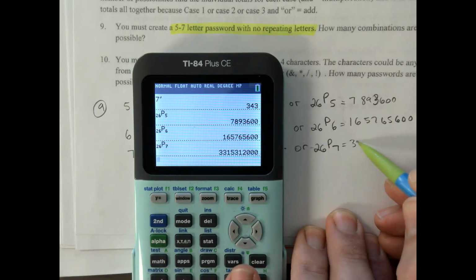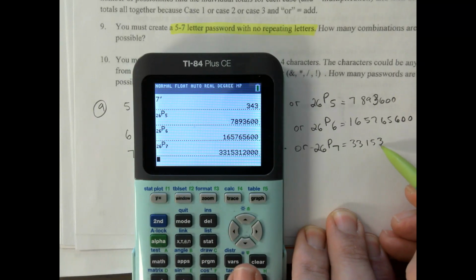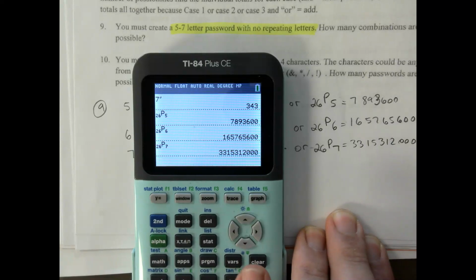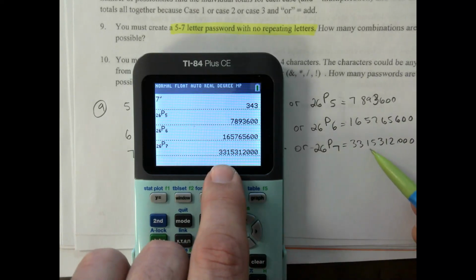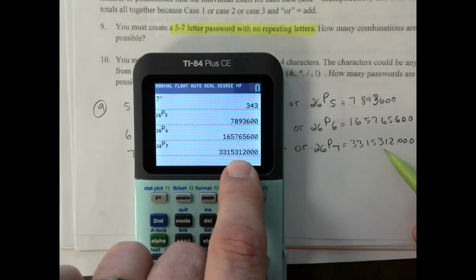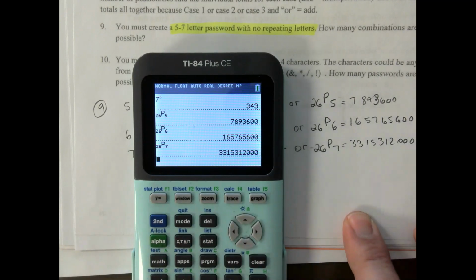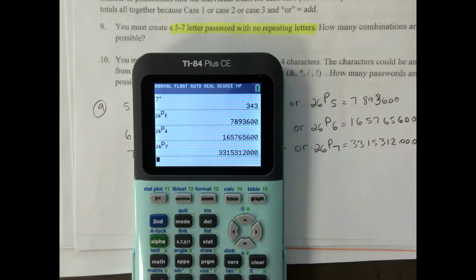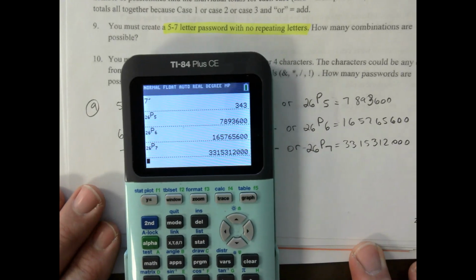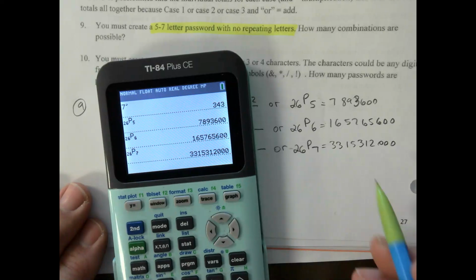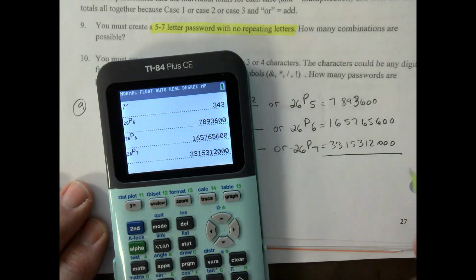And you can tell that it grows rapidly. 33,151,320,000, that's 2 followed by 3 zeros at the end. So you've got to make sure with these calculators they don't have the commas, so it's a bit harder to figure that out.